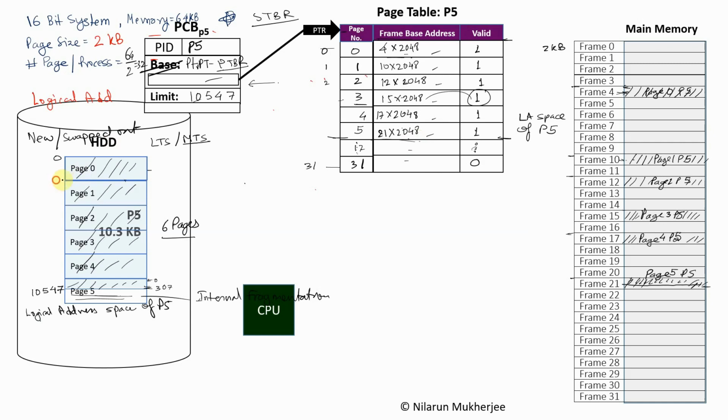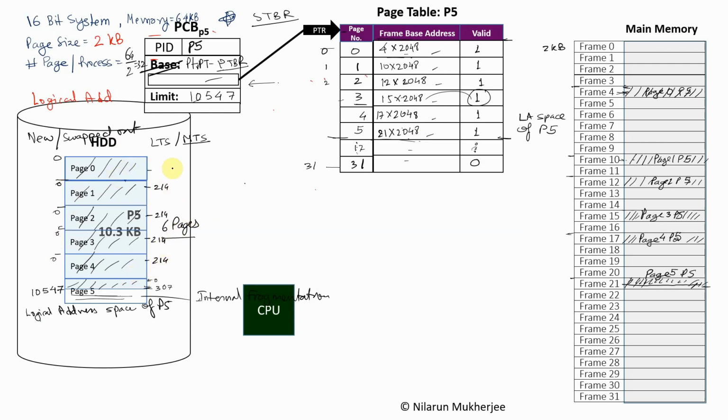Now the problem of segmentation comes here again. Now it has become 0 of page 1, 0 of page 2, 0 of page 3, 0 of page 4. Now how to translate? Here we have a 214, here we again have a 214, and again here.